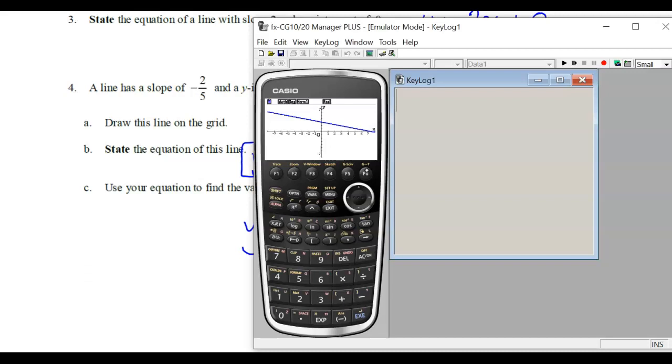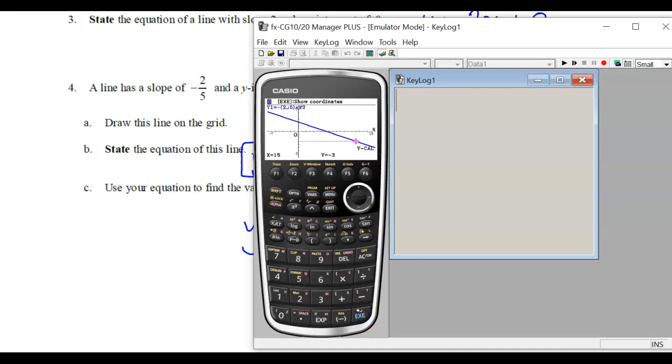It will be fine for y's that are beyond, but not for x's. So you would go to your window, let's go to 20 for x max, then exit, then draw. Now if we go G-Solve, arrow, y-calc, x is 15, we should get negative 3.